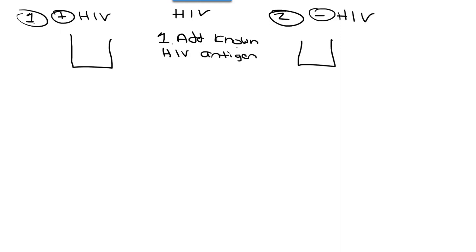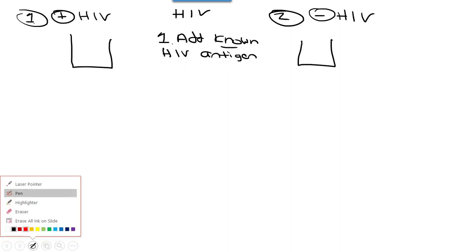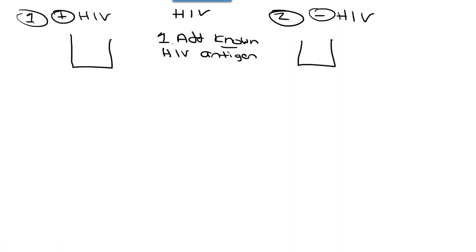And when I say known, I mean I grabbed it out of the freezer. We already had this antigen prepared in the freezer. It's a standard antigen used in this test every day. So we just grabbed it and we're going to put it into our well. And what's going to happen is the HIV antigen is going to stick to the bottom of the well.